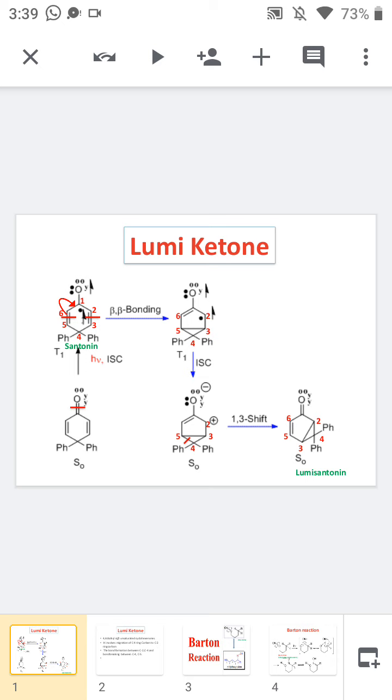Here our starting material is santonin, and as you see at the bottom of the slide, the santonin exists in the S0 state, the ground state. During the irradiation, the carbonyl group of the santonin absorbs the radiation and undergoes homolytic cleavage to form new radicals, that is an oxygen radical and a radical on the carbonyl carbon.